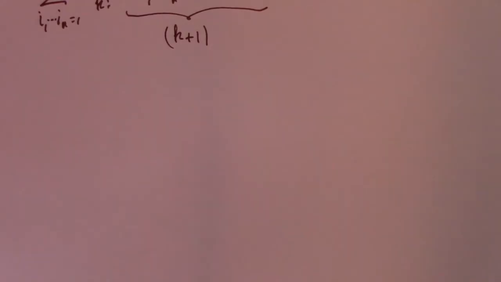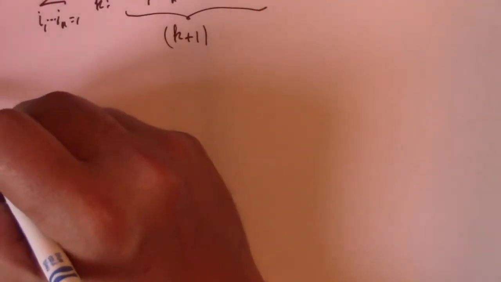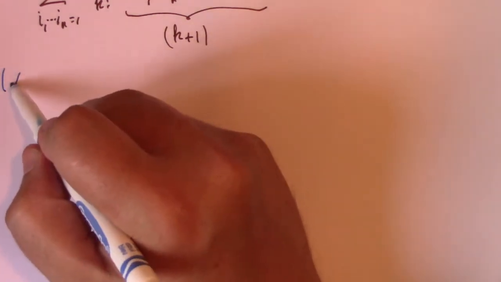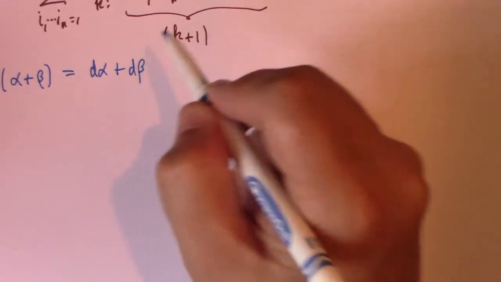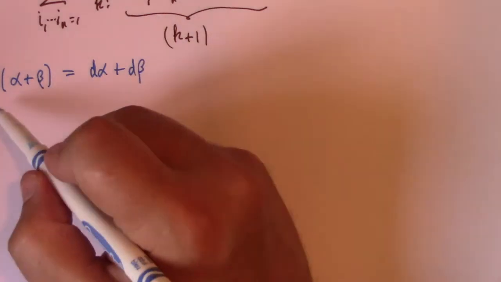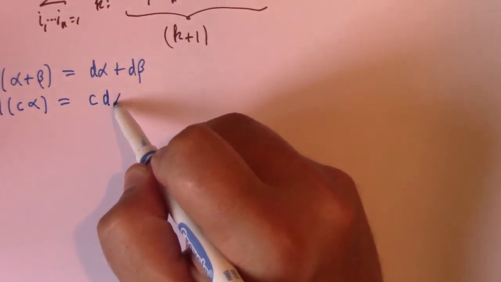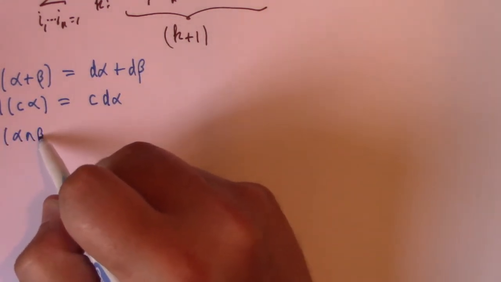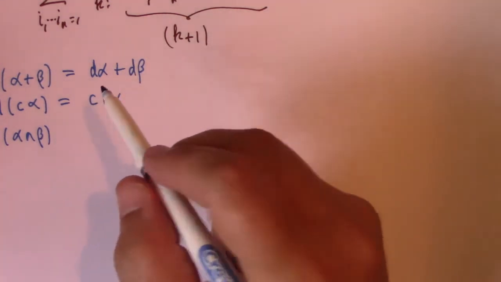Now, something you can prove is, what are the properties of the exterior derivative? First of all, of course, the exterior derivative of, say, alpha plus beta is additive. If you have a constant, you can still pull out the constant, right? But here's the interesting one. If you have the wedge product of alpha and beta, where alpha and beta are homogeneous forms, all right?